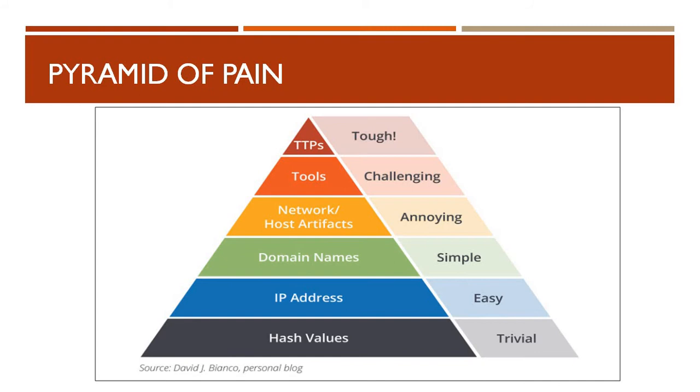As you know, indicators of compromise or threat intelligence are very trivial to get from various research companies or malware analysts. So we can actually perform threat hunting using hash values, and it's a very trivial job. The next one is IP address. IP addresses are also an easy way of getting into your threat hunting program using your threat intelligence or indicators of compromise.